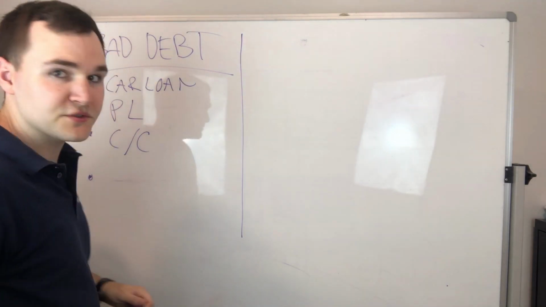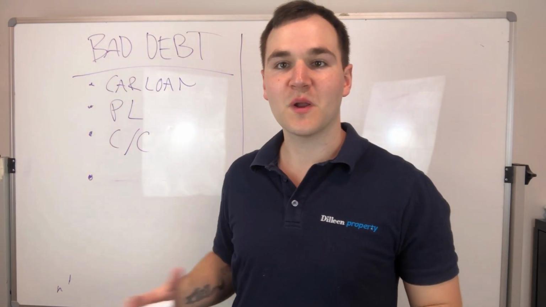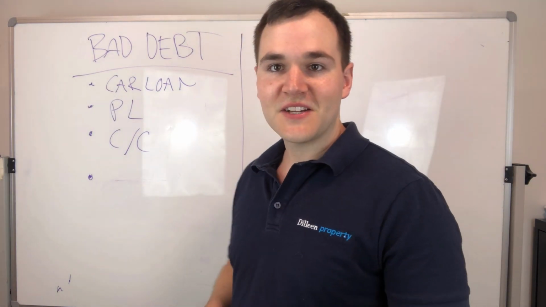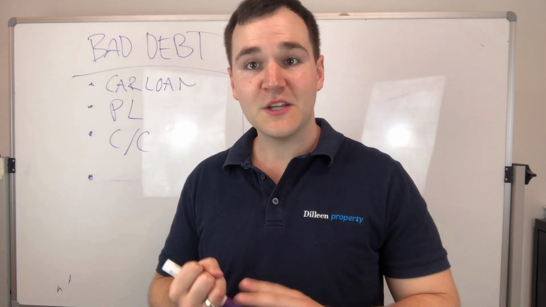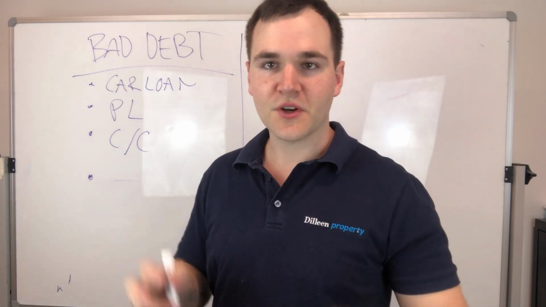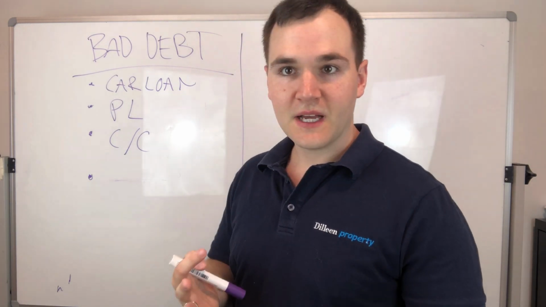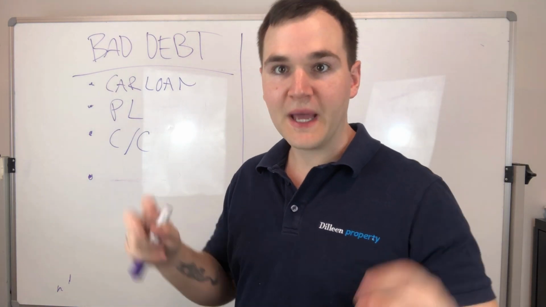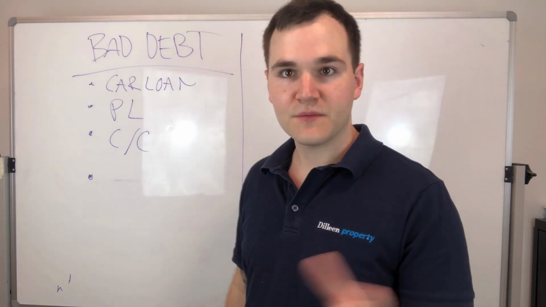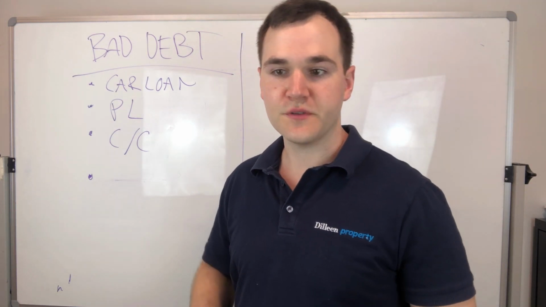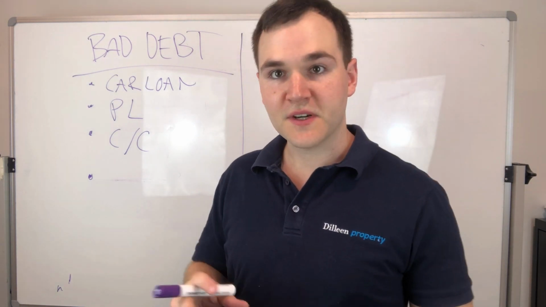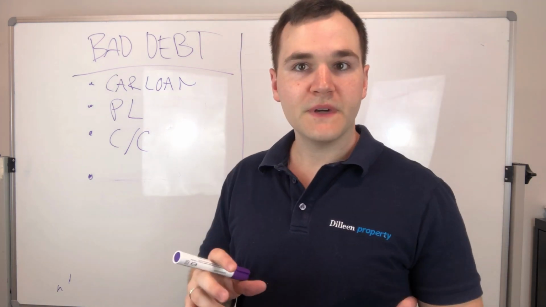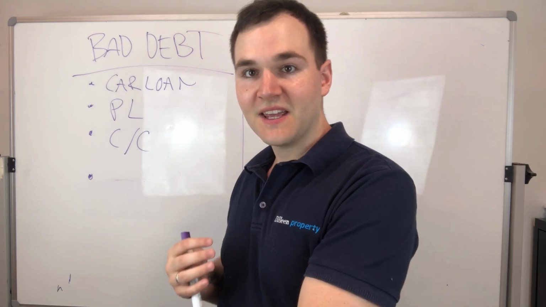And one of the ones that annoy the hell out of me is debt against furniture, all those kind of things where you have to pay interest, or you take out a loan to go on a holiday, or you take out a loan to buy yourself a nice computer because it looks cool and you think it's going to help you, or a loan to get a TV and then you're paying interest.